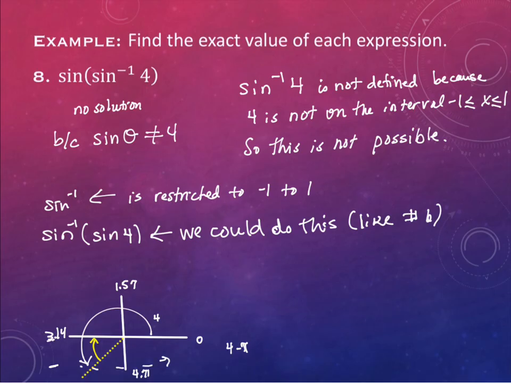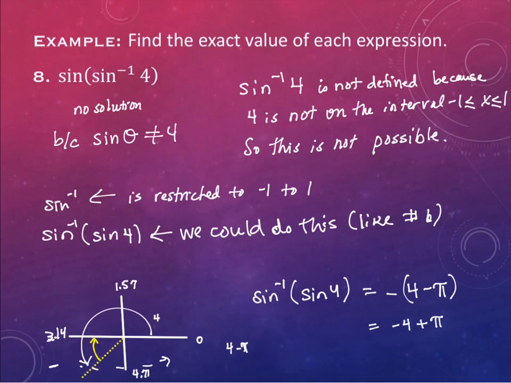So if I were to do the inverse sine of the sine of 4, I would actually get 4 minus pi, but then it would be the negative value of that because I would need to go in the negative direction into quadrant 4 to get there. So I would end up getting the same thing, interestingly enough, just by chance, as -4 plus pi, which would be pi minus 4, but not for the same reason that we were thinking.